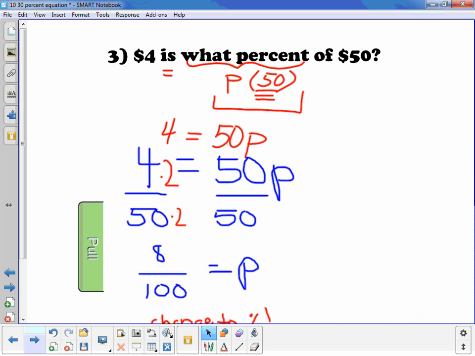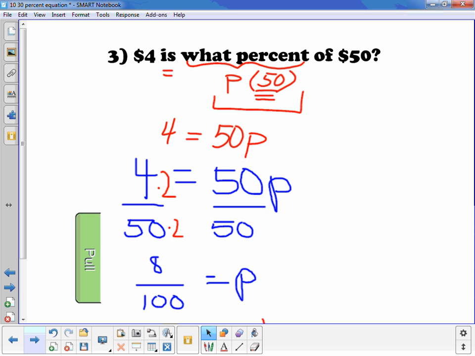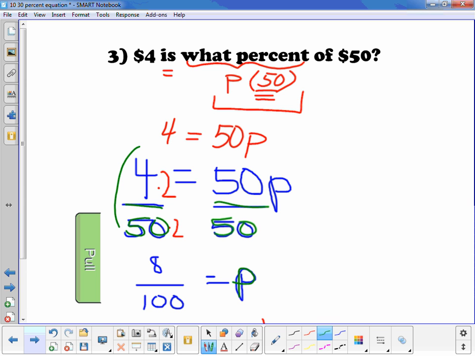And then to solve it, you divide both sides by 50. So I divided both sides by 50. And then I was left with p equals 4 over 50. Well, to make it a little bit easier, I noticed that since I'm looking for p, a percent, I could multiply my denominator by 2 to get a 100 in the denominator, because percent is out of 100.